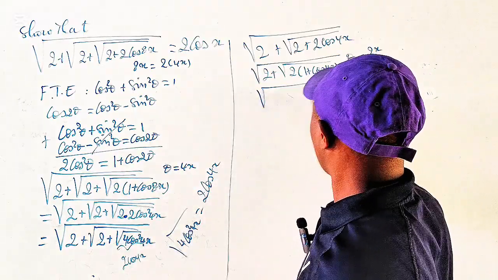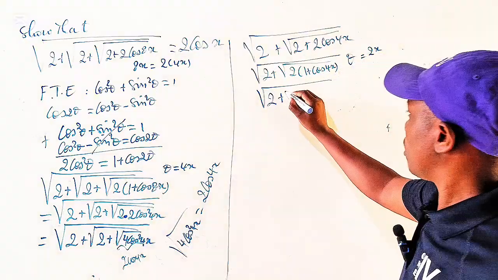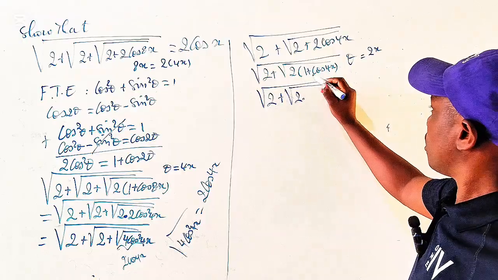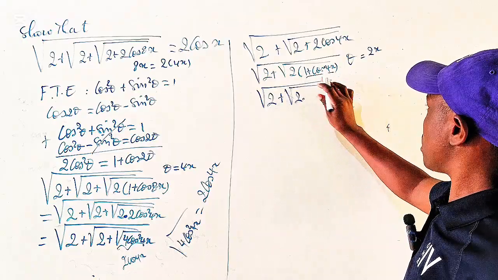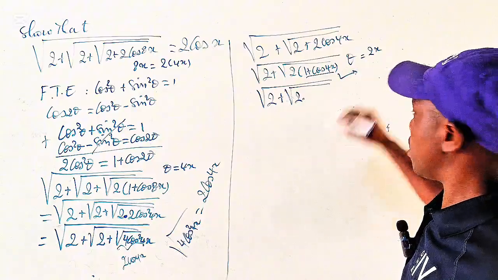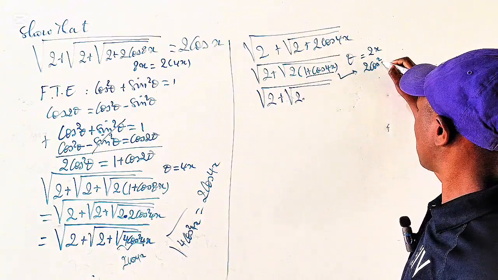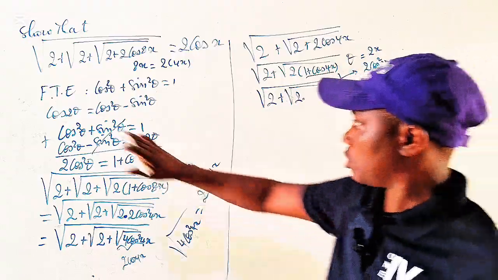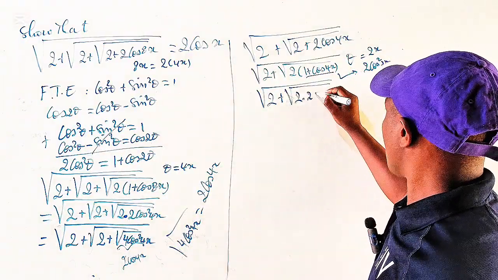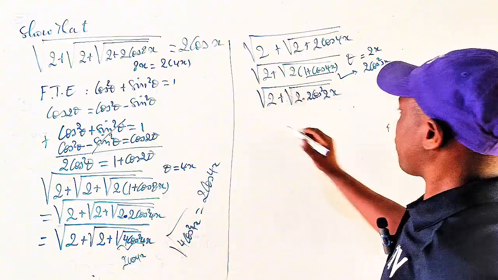Since we have 1 plus cosine of 4x, this is the same as 2 times cosine squared of 2x, according to this formula.